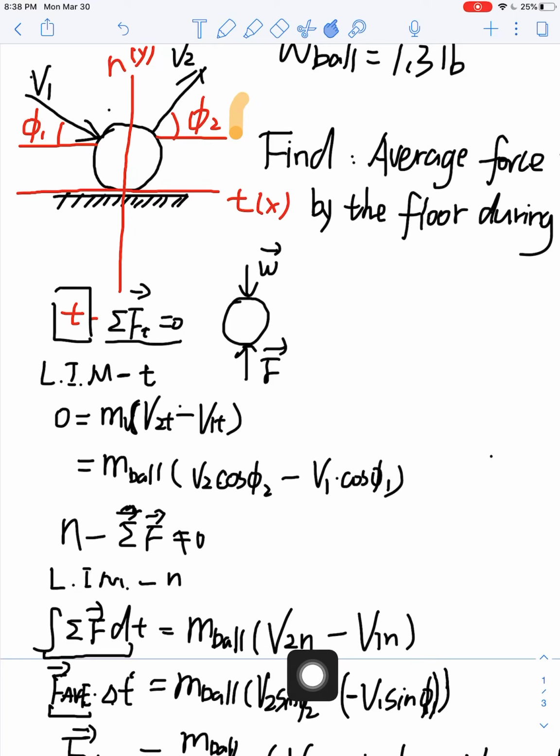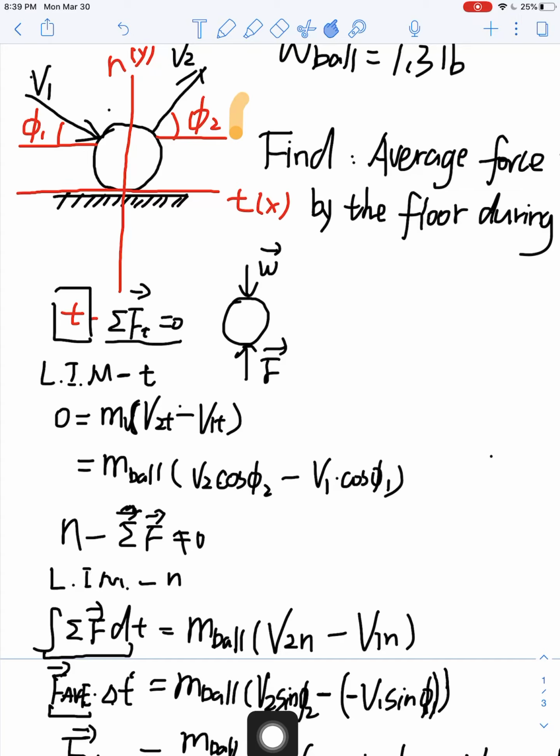And v2n and v1n are not given directly, but we do know v1 and v2 as well as phi1 and phi2. So we can project v1 to its n component, which is going to be negative v1 sine phi1, and the n component of v2 is going to be v2 times sine phi2, which is positive.